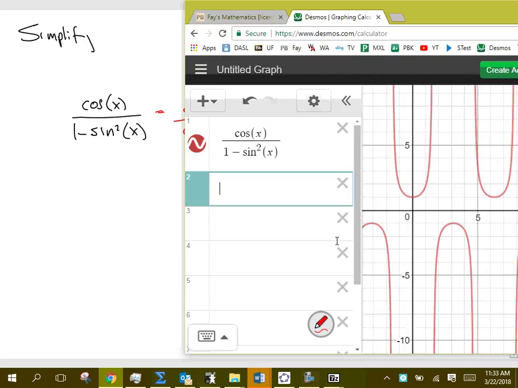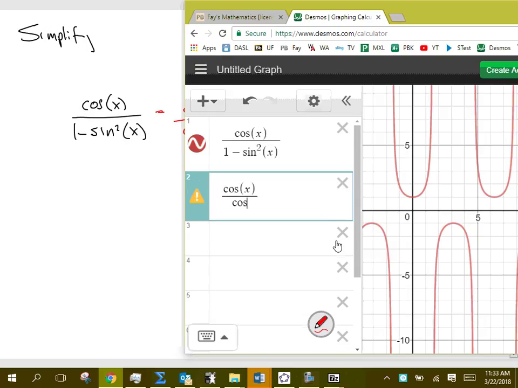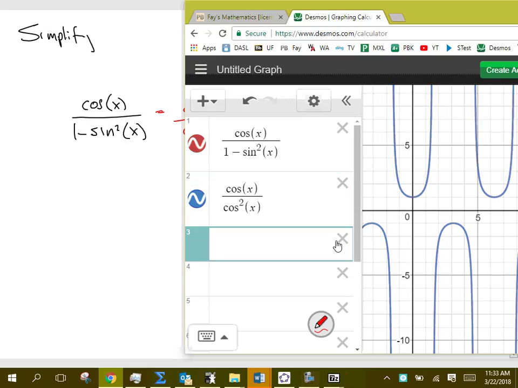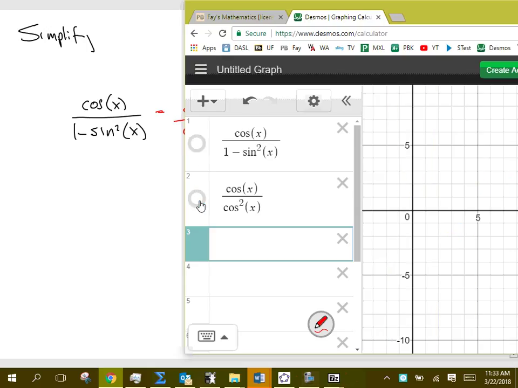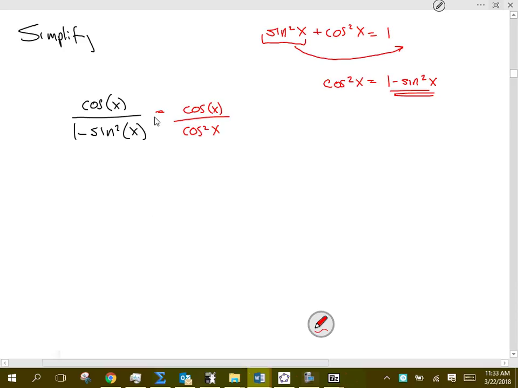I'm going to type in what I just came up with as cosine of x divided by cosine squared x, right? And see that they are the same thing graphically, aren't they? So that proves to me that right now, these two things are equal. That is a true substitution that we've made. Now, what do you notice that can happen here?